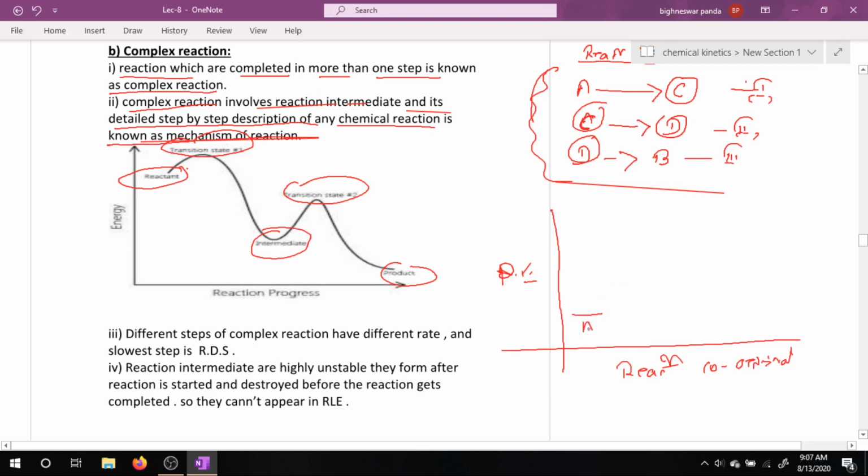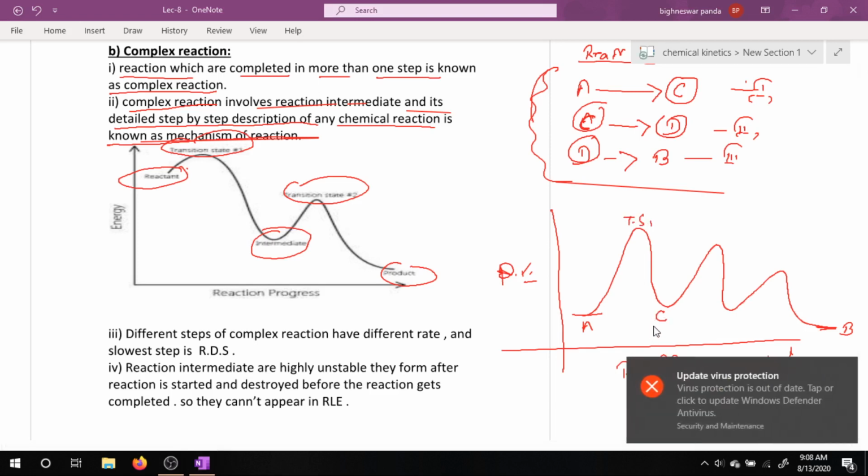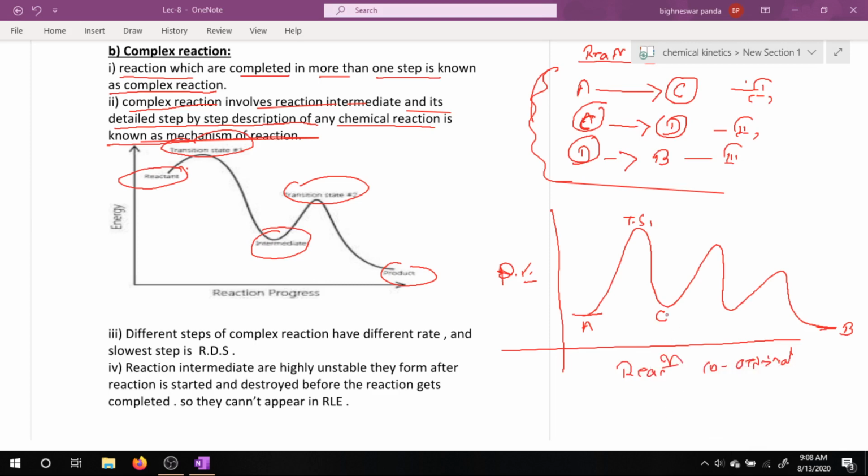Consider I have reactant A and product B. This is transition state 1, and this is C, that is reaction intermediate 1.